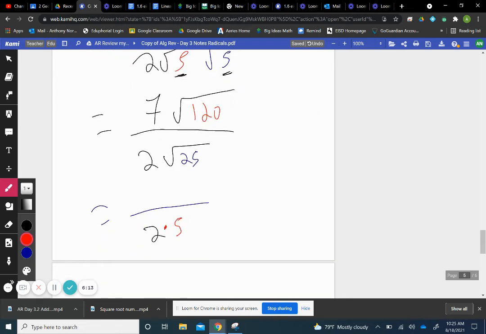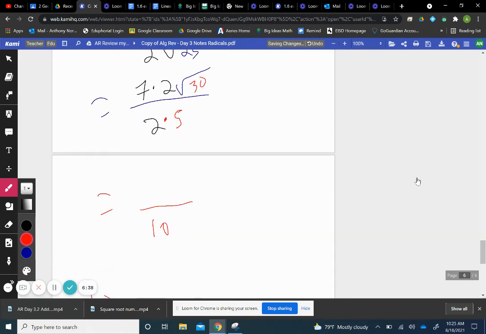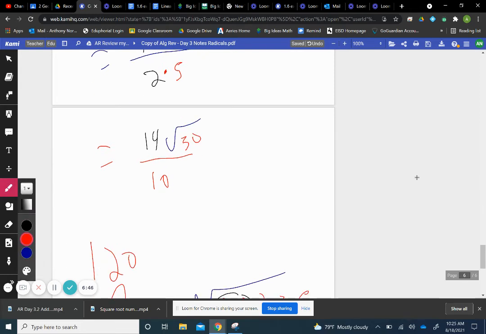So this leads us to 7. We're multiplying the whole time. So it's 7 times 2 square roots of 30. We're going to simplify 14 square roots of 30 and 10.